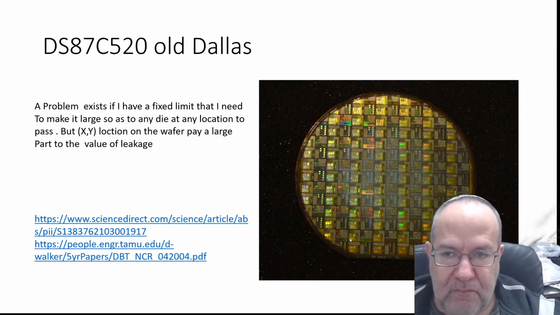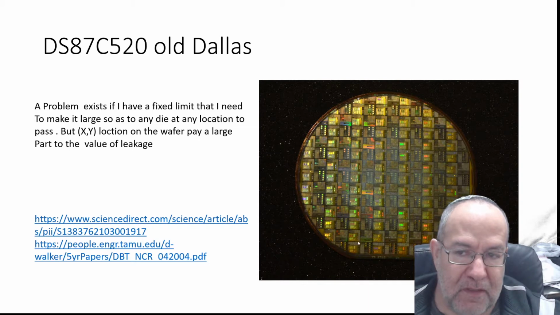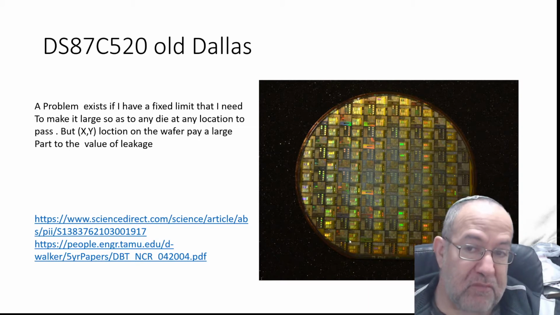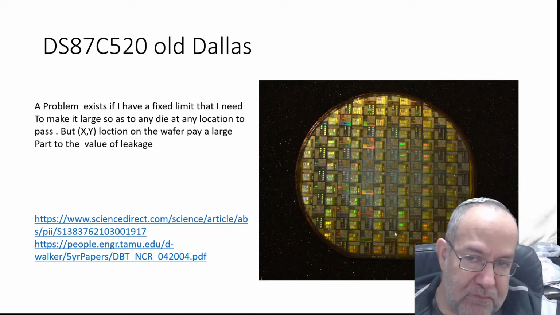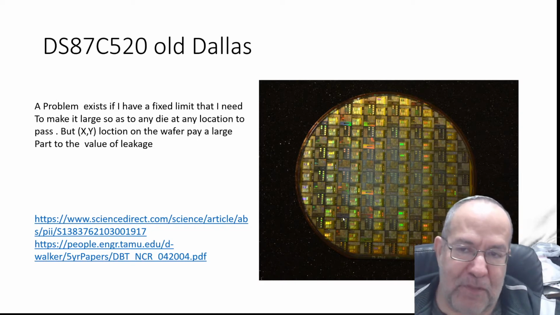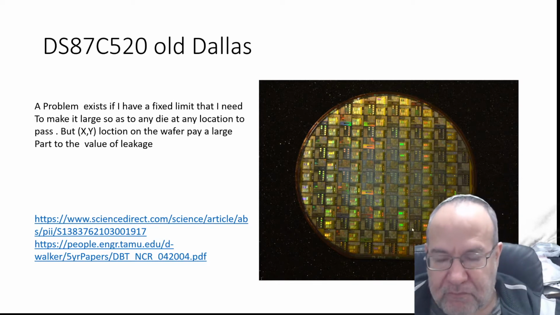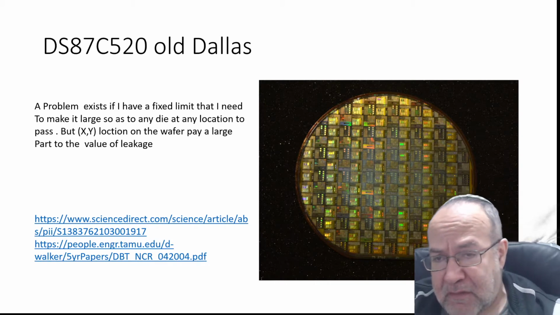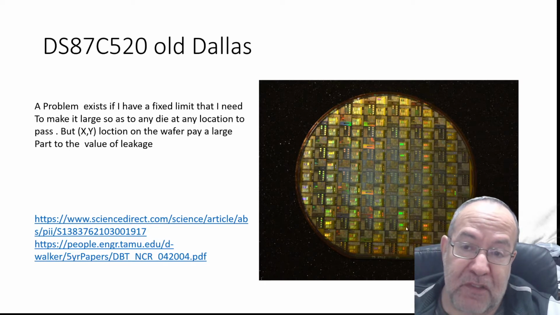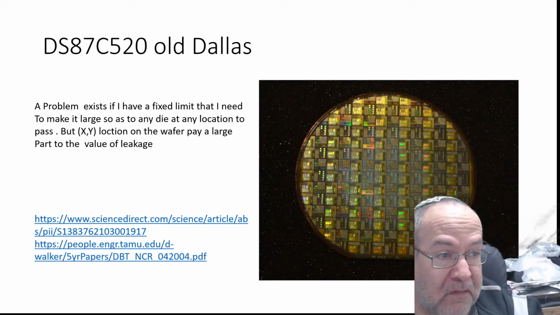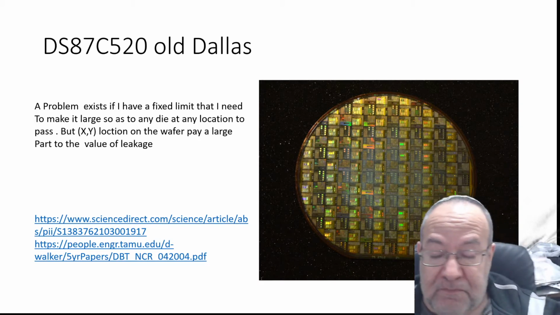Here you'll find low leakage, and as you get closer to the center of the wafer, you will get higher leakage. Okay. In my experience, this area here, which I'm talking about, will have the highest level of leakage, at least on the wafers that I tested.